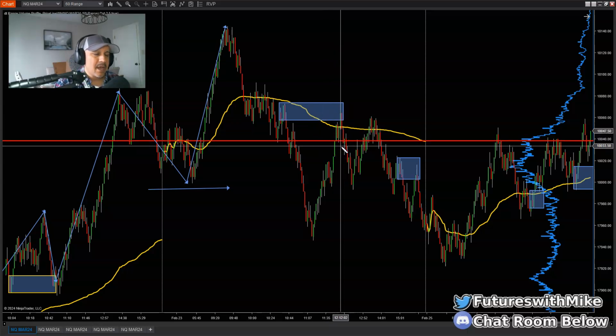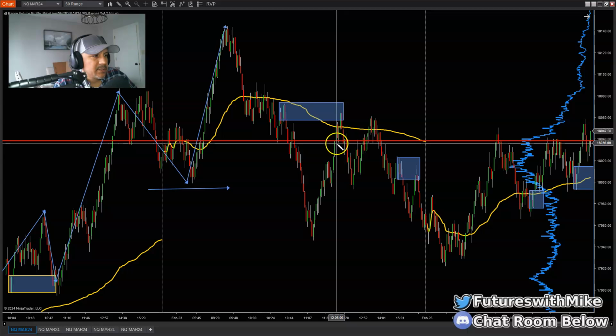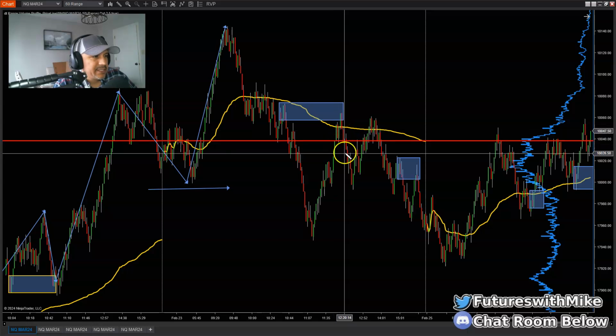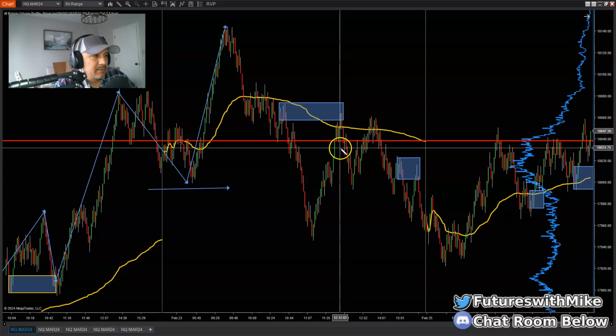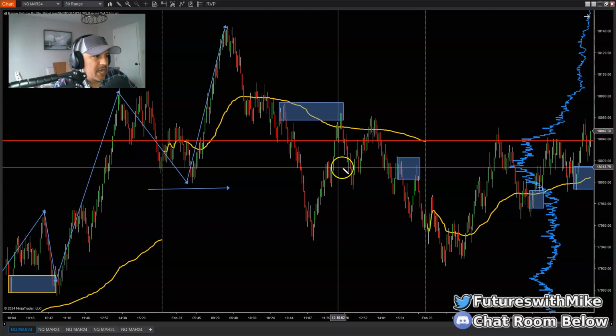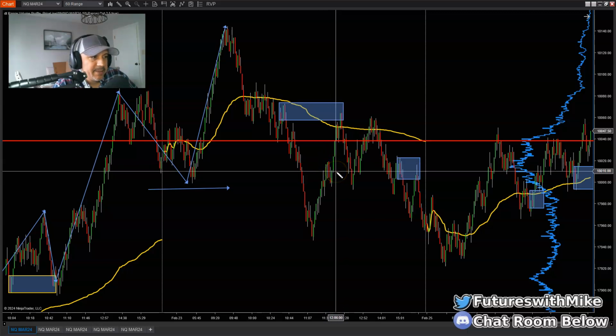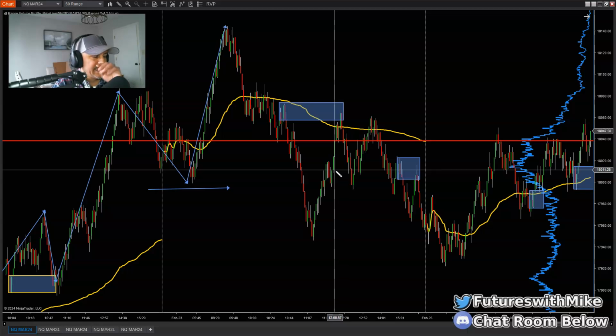Maybe a little complicated, but you have to understand what to look for when it comes to structure on the chart and how to trade according to it. So we're tapped back into this zone right here, and then we start to break this area here back to the downside. Again, I'm going to move down to my lower time frame chart, look for a setup to take the trade back down to possibly this area here, because there is support resting right here and possibly right here to fill in this imbalance resting here at 18,010.